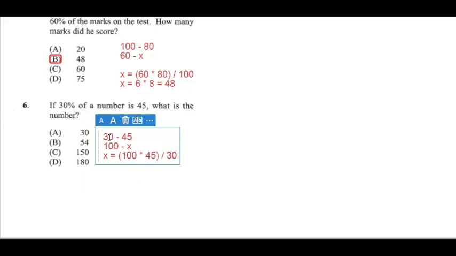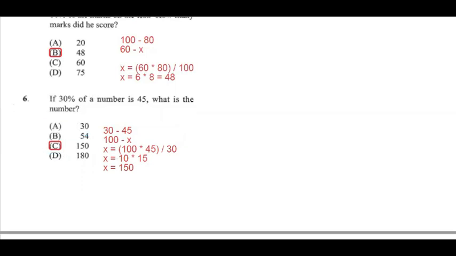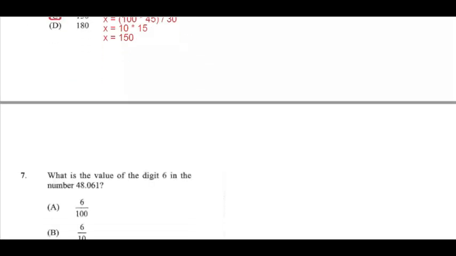So 3 into itself goes 1 time, 3 into 45 goes 15 times, and therefore we're left with x is equal to 10 multiplied by 15, and therefore x is equal to 150. So therefore the answer for number 6 is C, and that too is a repeat question.